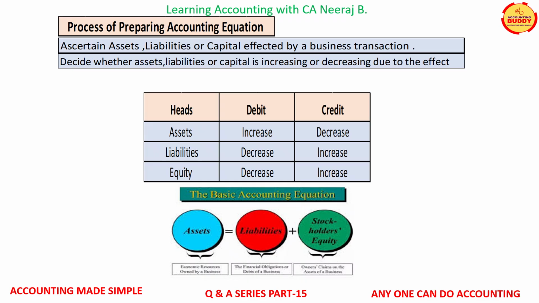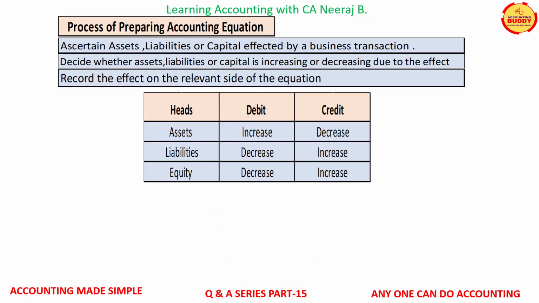Memorize this table. This is the basis on which the accounting equation will be prepared. The final step is to record the effect on the relevant side of the accounting equation. Let us understand the process of preparing the accounting equation with some business transactions.